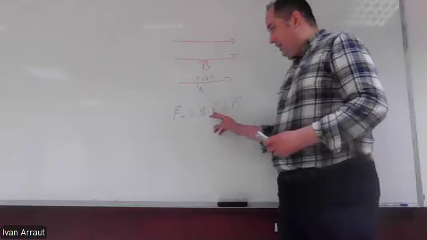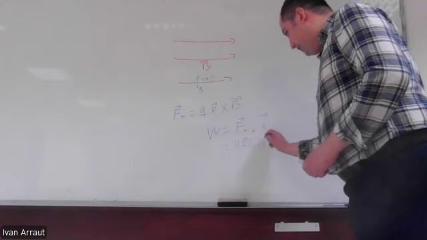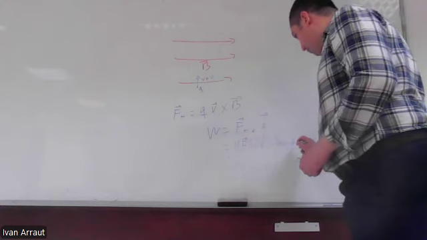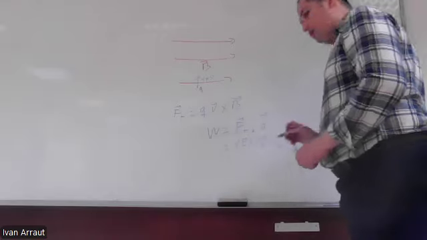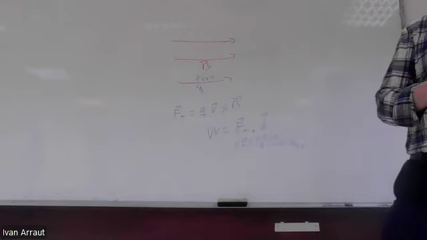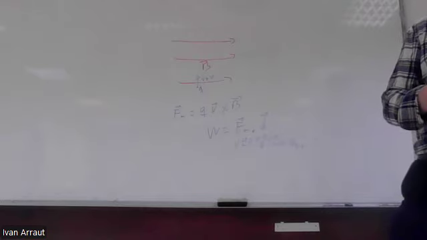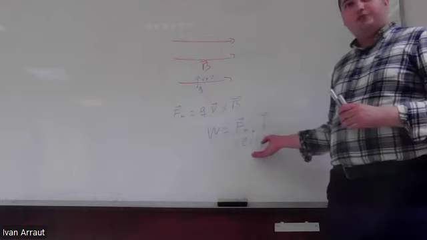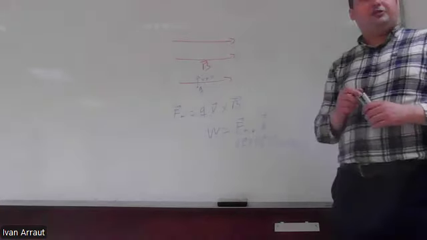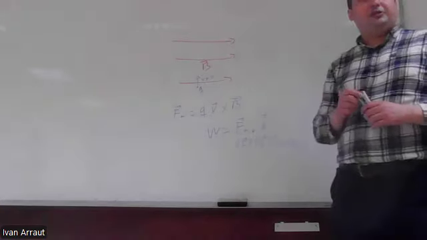But dot product means the norm of the force times the norm of the distance times the cosine of the angle between the force and the direction of the displacement. And of course, in this case, evidently 0. They are perpendicular. Cosine of 90 is 0. Then, of course, this force doesn't do any work.